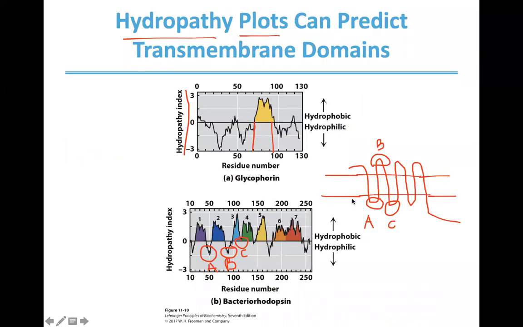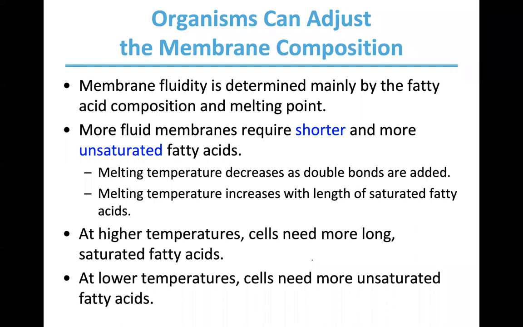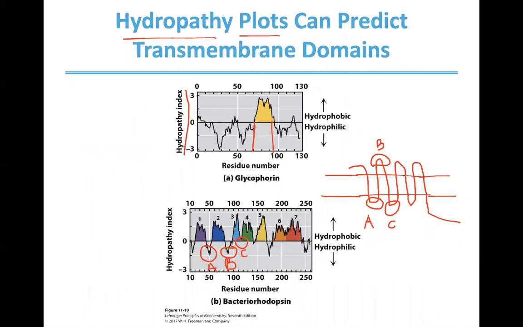So we finished with this slide last time by talking about how hydropathy plots can predict transmembrane domains. Why didn't you count the first one on part B? See how you have A. Why isn't that one A?